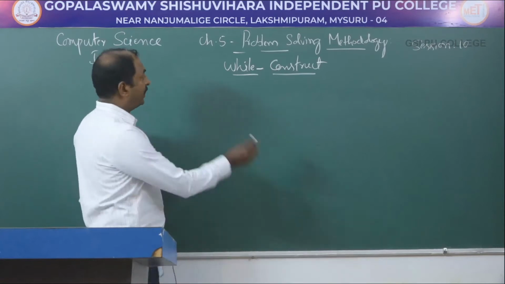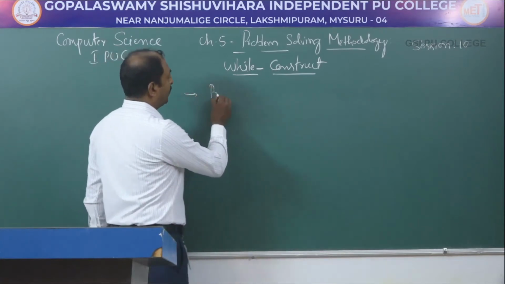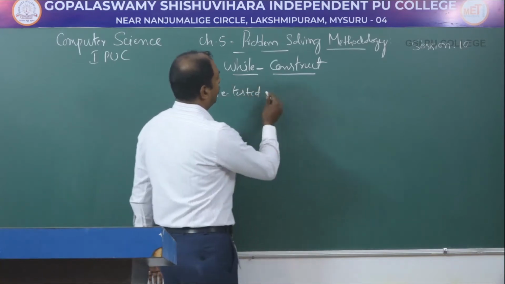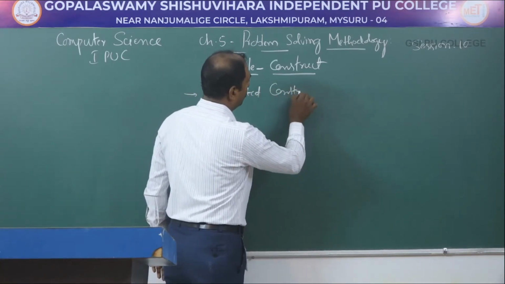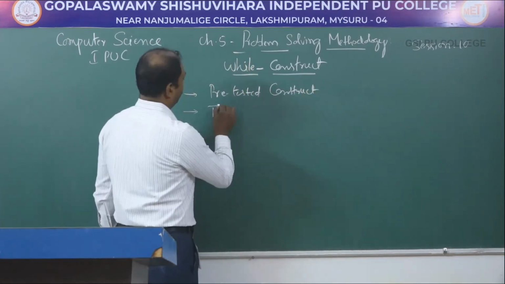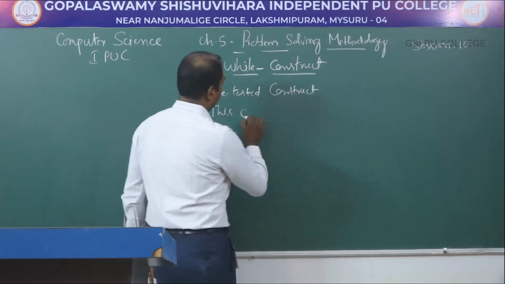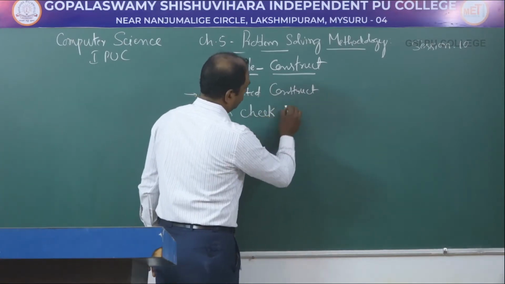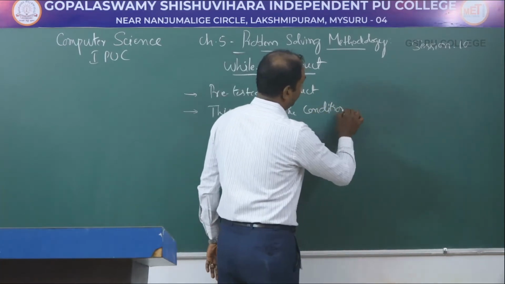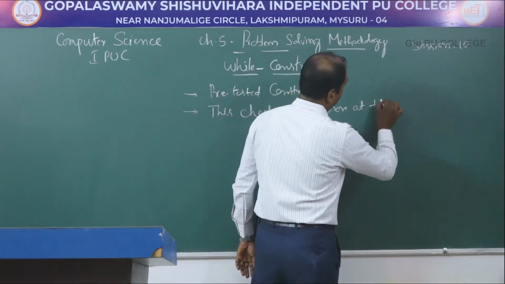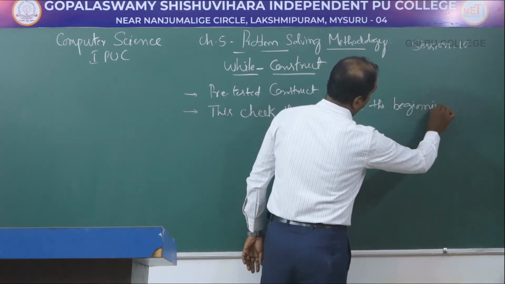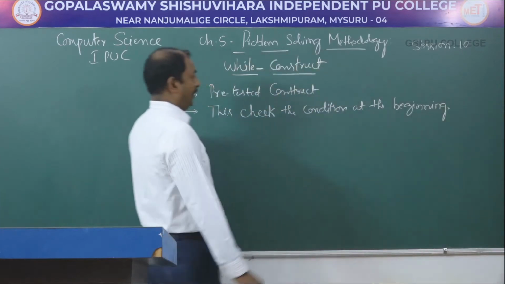This while construct is called a pre-tested construct, and this construct checks the condition at the beginning of the loop.